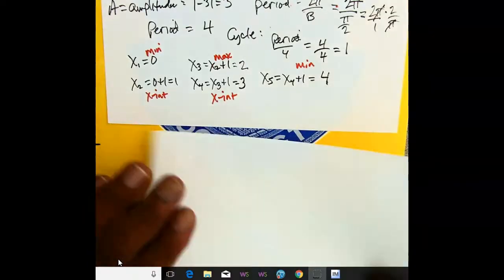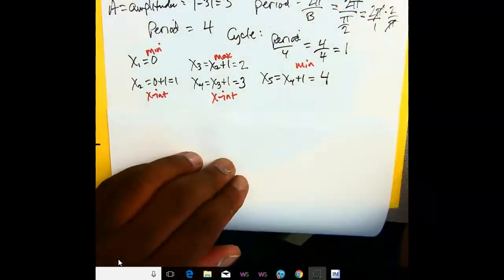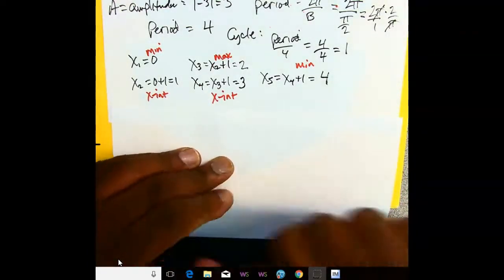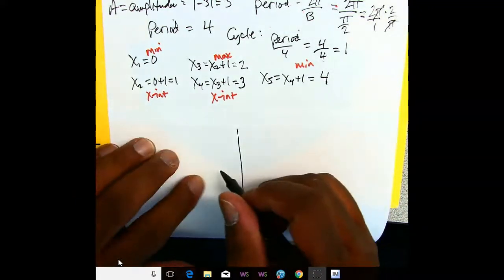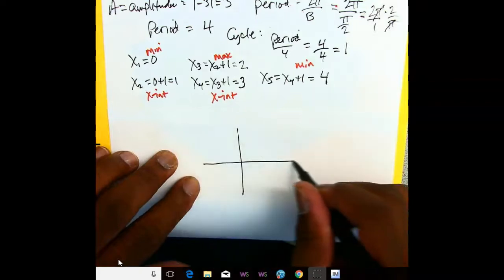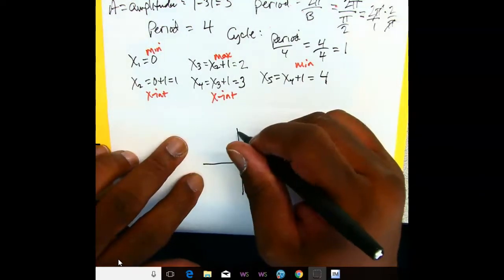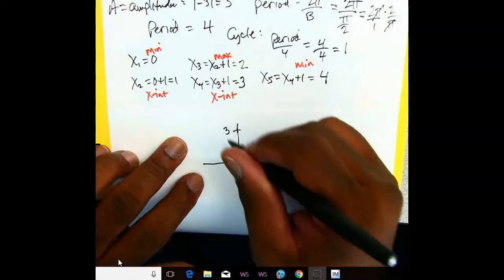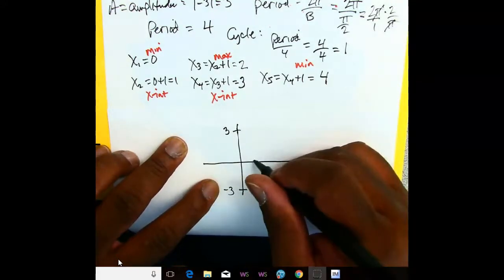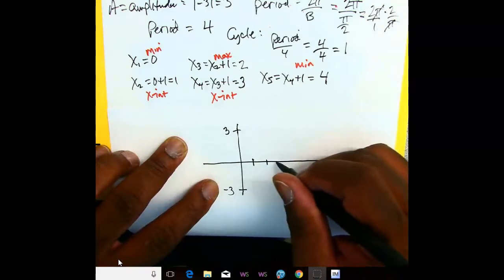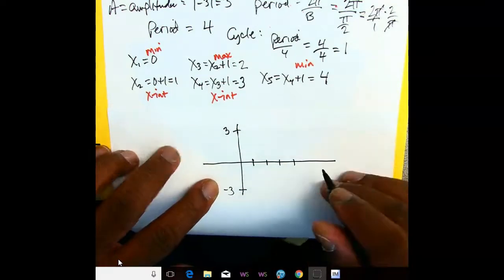So our graph looks like this. Okay, so if we call that point 3, that point negative 3, and then 1, 2, 3, 4.